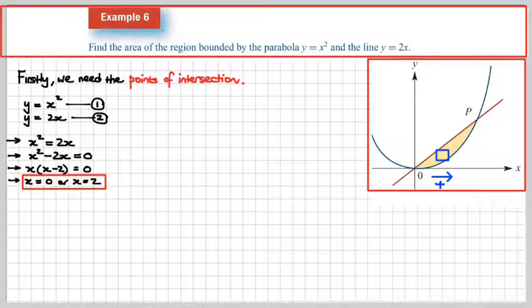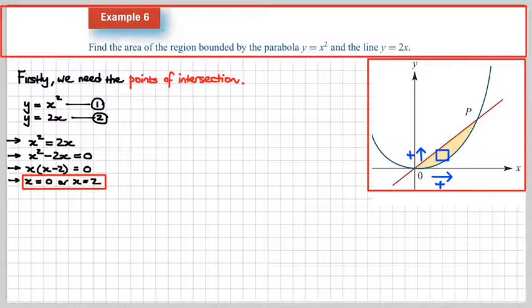Now in terms of the heights, if I put my integral such that I'm saying the higher value, which is this red curve, y is 2x, minus the lower value, which in this case is y equals x squared, then higher minus lower gets me a positive result. So if I frame the integral that way, this y minus this y, I get a positive directed line segment in the y sense. So that's positive as well.